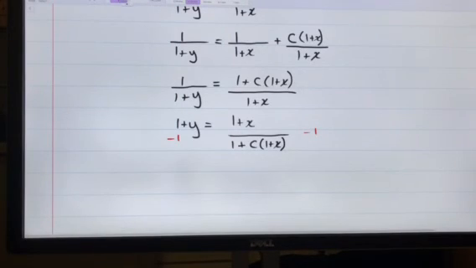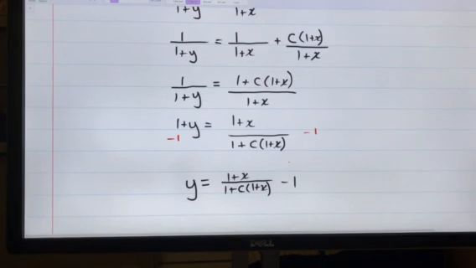So we'll have for y itself, 1 plus x all over 1 plus c times the quantity of 1 plus x, minus 1, and you can just leave it in this particular form.